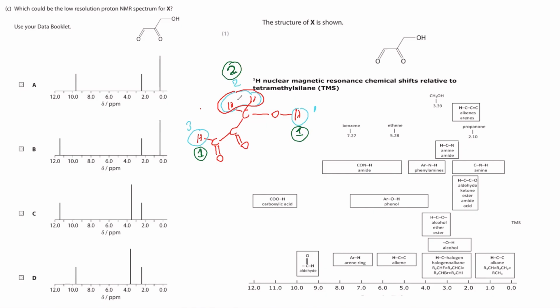Okay, where does that peak appear? It has a CH2 group attached to oxygen and carbonyl group. So I'm searching for hydrogen attached to carbon, with that carbon attached to oxygen and a carbonyl group. Let's see how I can find that one. Hydrogen attached to carbon and oxygen. Is there anything other than hydrogen attached to carbon?